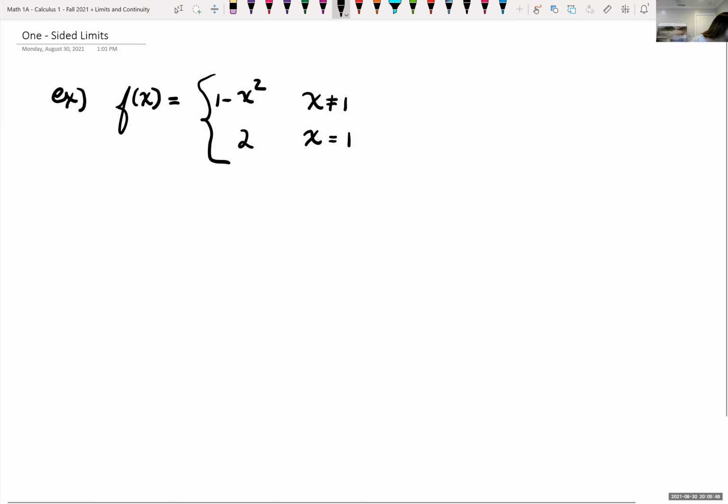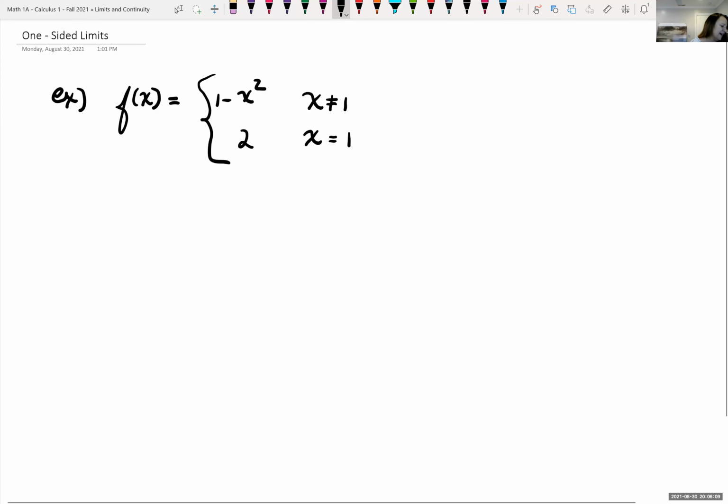Basically, this is a piecewise equation, but normally there's more like x is less than or equal to, or x is greater than these values. But let's look at the following.